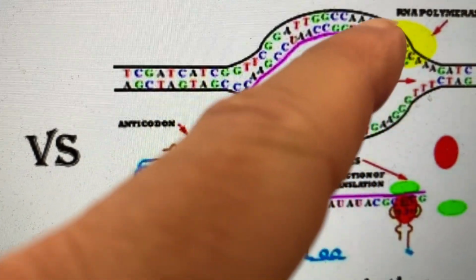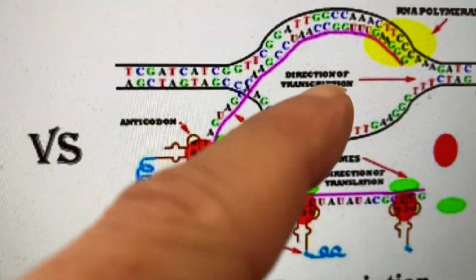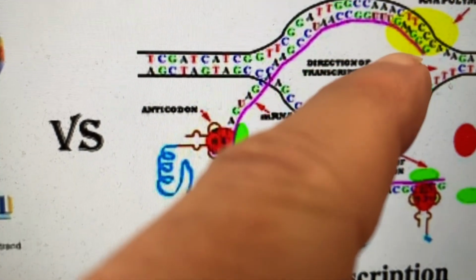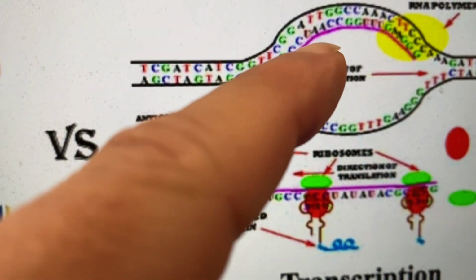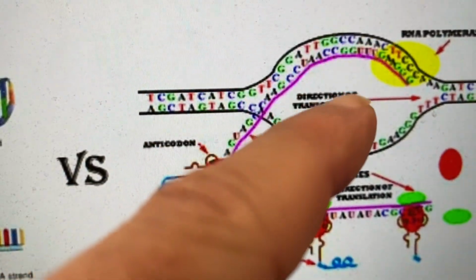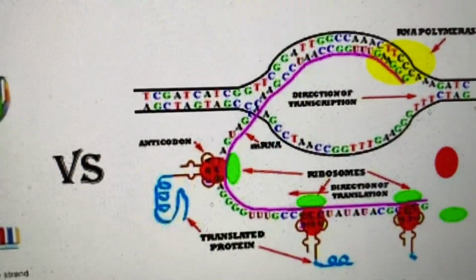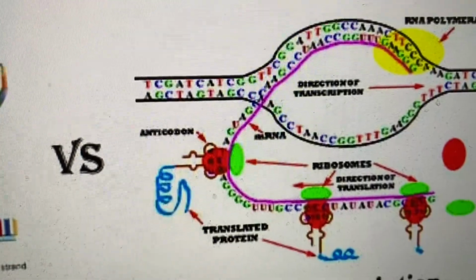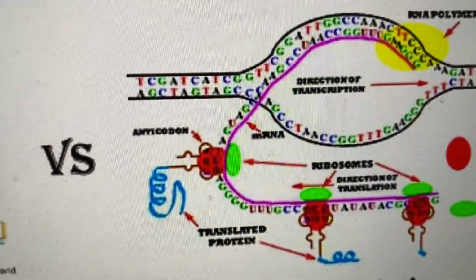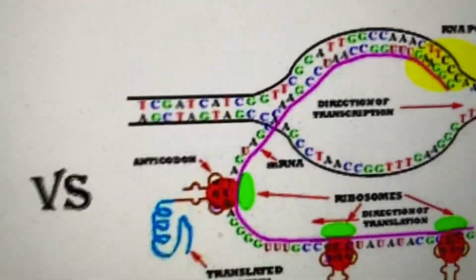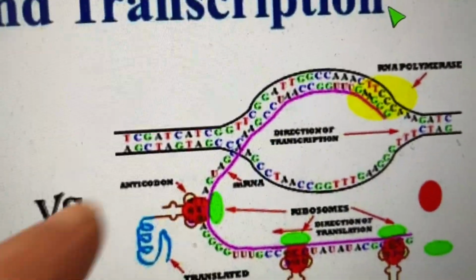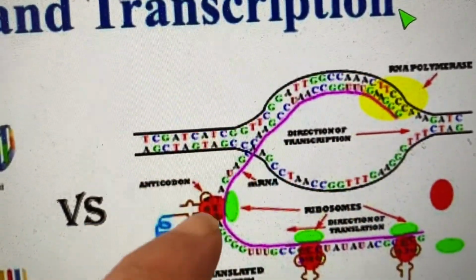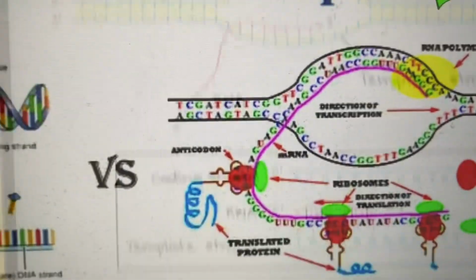The difference is that you still match C with G, and T with A, but in RNA you match A with U. A doesn't match with T, A matches with U. There's no U in DNA, but there's U in mRNA. And U is a chemical called uracil. This strip is called messenger RNA.